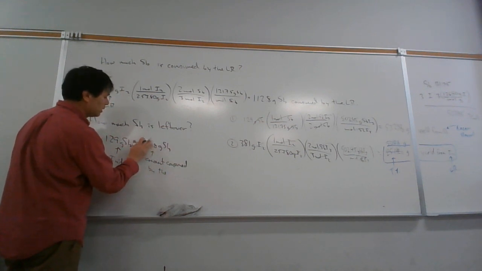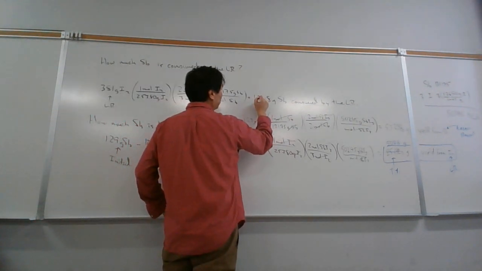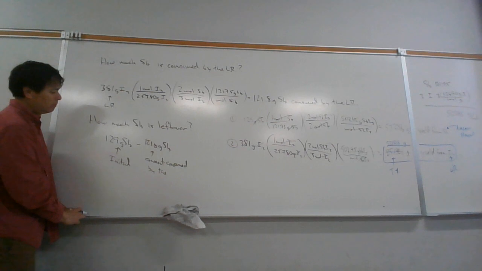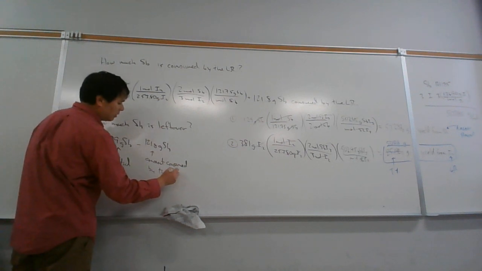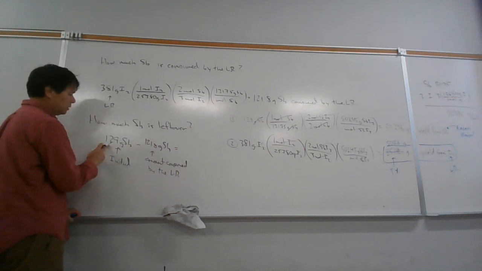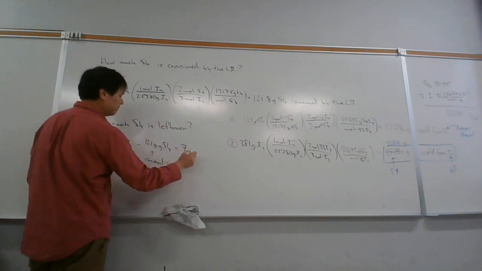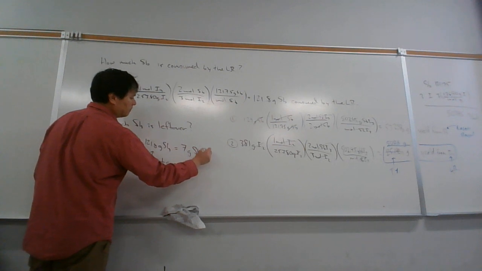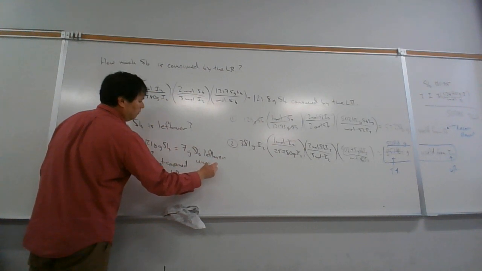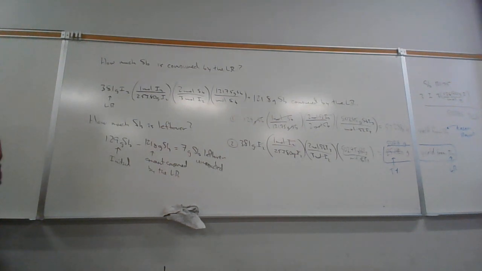Oops, 121.8. So 122 roughly. Amount consumed by the LR, we'll round that to 122. So it would be 7 grams. So basically we're going to have 7 grams of antimony left over.